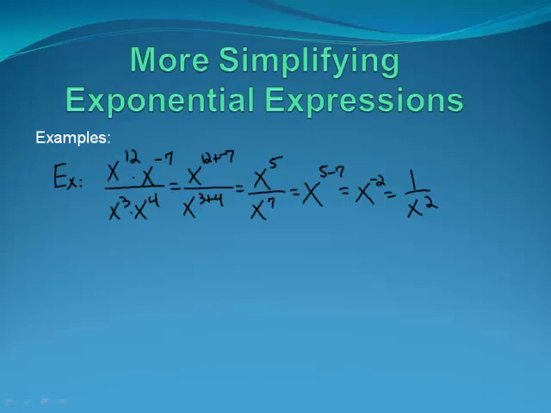Okay, let's look at another example. Let's say we have negative 15 r to the negative 6 s divided by 5 r to the negative 4th s to the negative 3rd. All right, we're trying to simplify. So we are going to approach this problem in a couple of different ways.